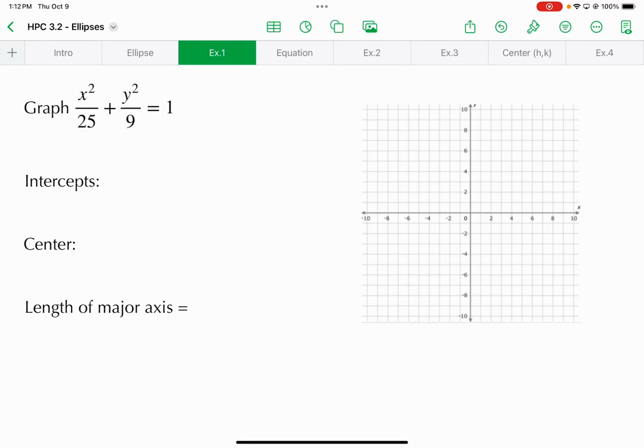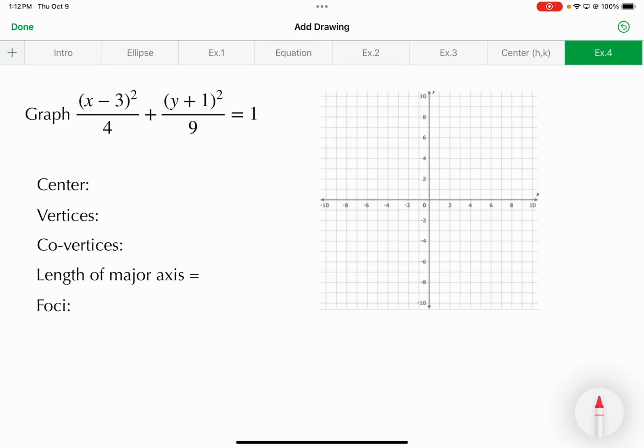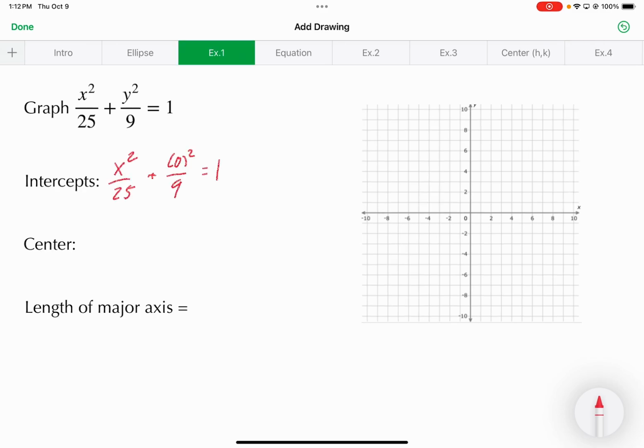So in order to find my x-intercept, how do I find the x-intercept of something? Okay, so if I plug in 0 for y, I get x squared over 25 plus 0 squared over 9 equals 1. So I can effectively just ignore that second term.